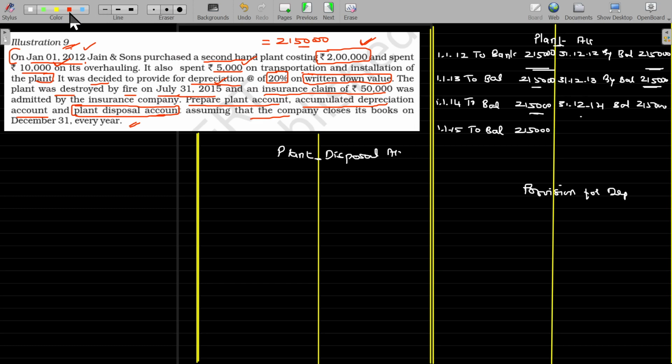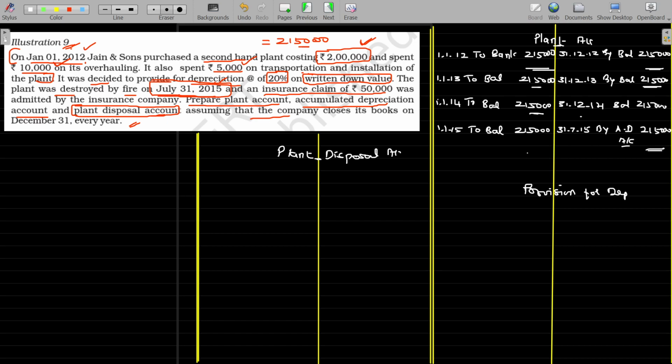In this year, halfway through, the asset was destroyed on July 31st, 2015. On sale, the asset at the original value will be transferred from the asset account to the asset disposal account. So I will be posting that now. The disposal happens on 31st July 2015, by asset disposal account, AD account in short, 2,15,000.